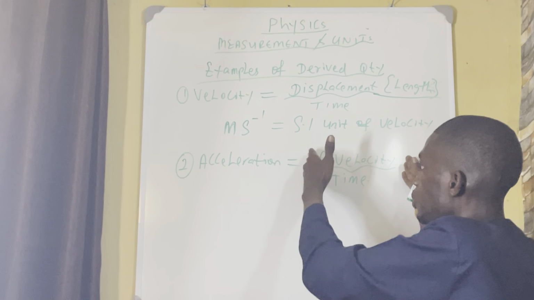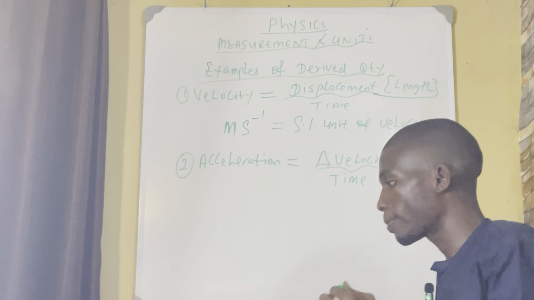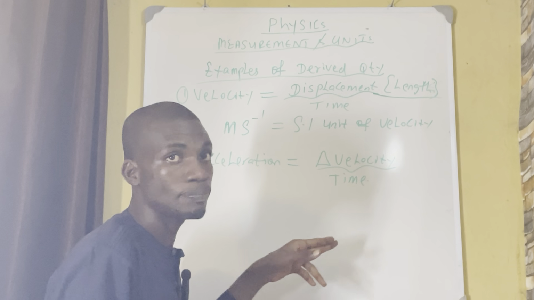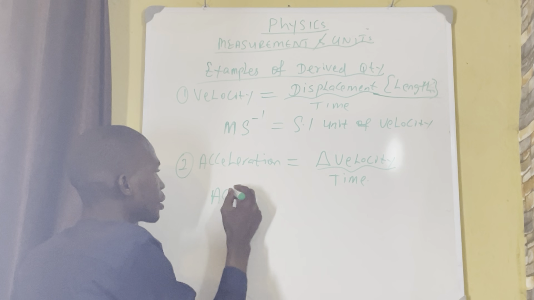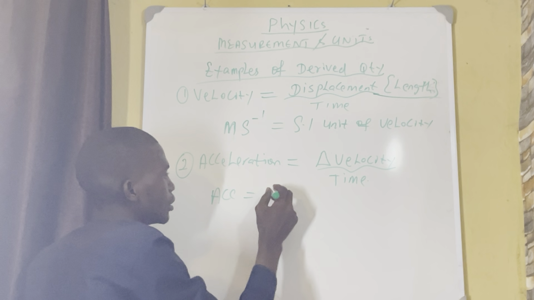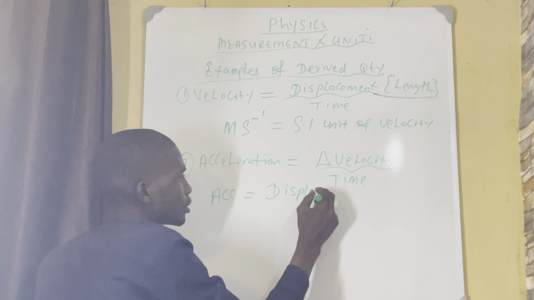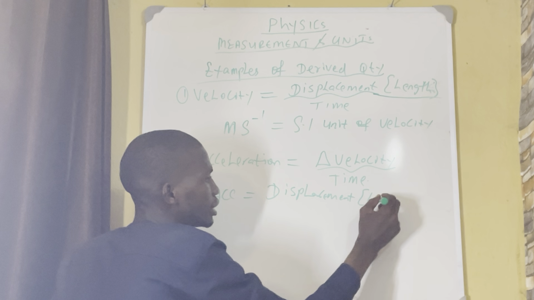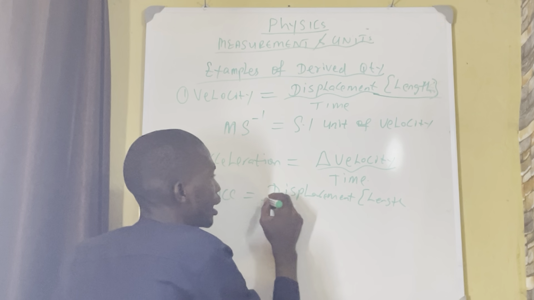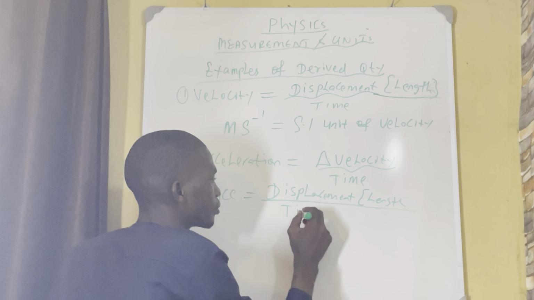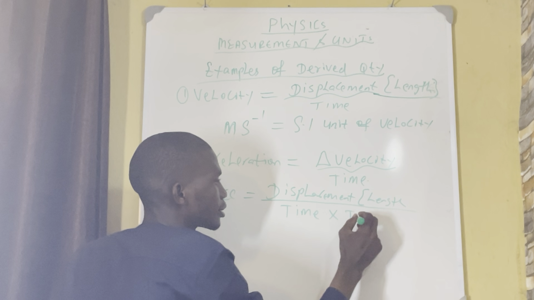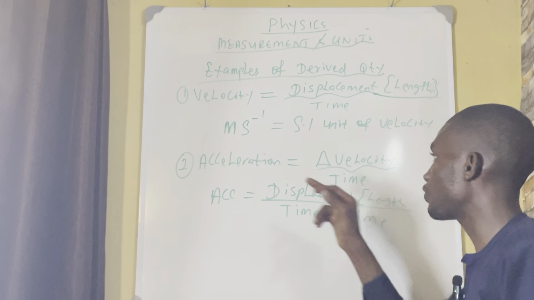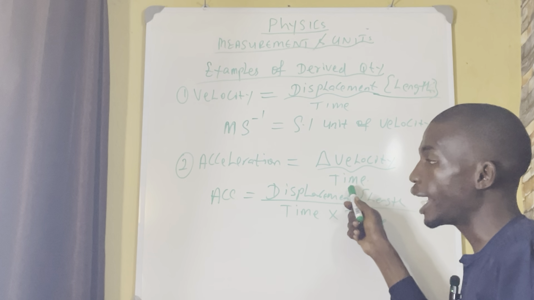So now, because we are talking about the SI unit, since velocity is displacement over time, our acceleration will be displacement, which is equal to length, everything over time multiplied by time.